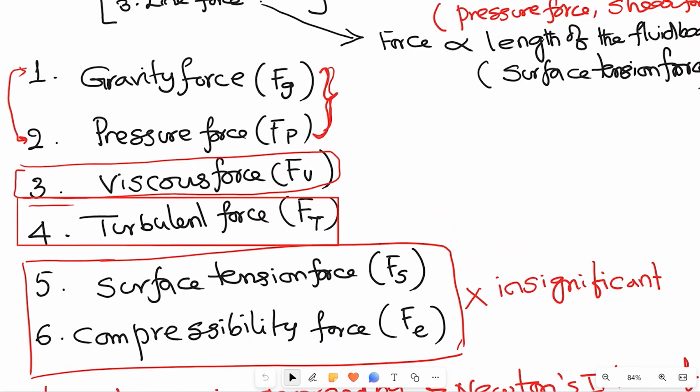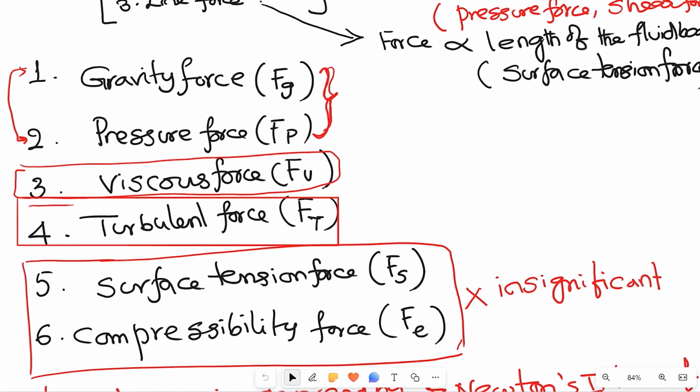But generally, when we are dealing as a civil engineer with water, the viscosity of water is so small that you can start with neglecting it, and only consider it wherever the specific cases are there. So finally, the forces that we are considering are only the gravity force and the pressure force. These are the only two forces which we are considering.